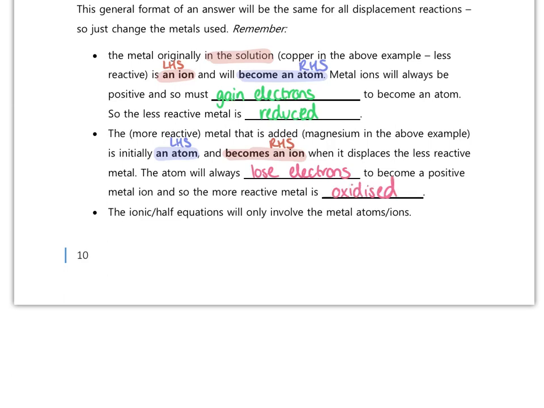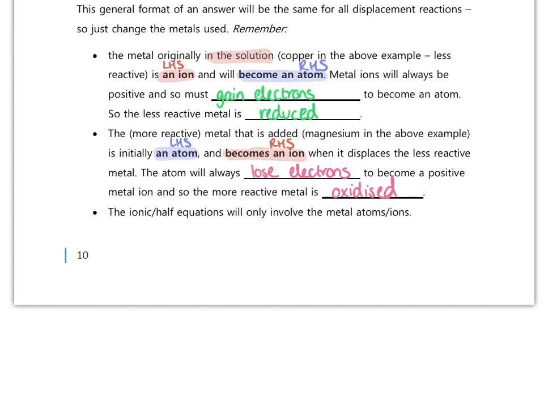And essentially the electrons that the more reactive metal loses are gained by the less reactive metal. That's why this is all happening simultaneously in the same reaction. The ionic or half equations will only involve the metal atoms or ions, not the sulfate or the nitrate or the oxide the metals are originally bonded with in the solution or the metal oxide.